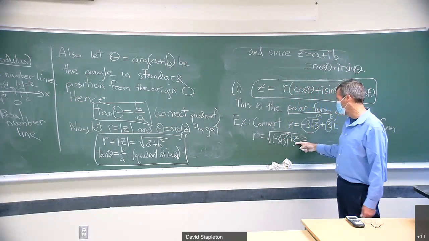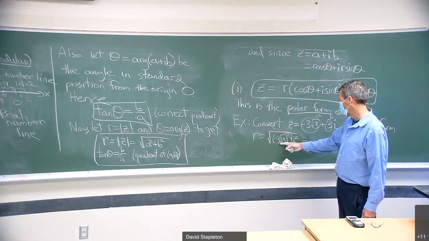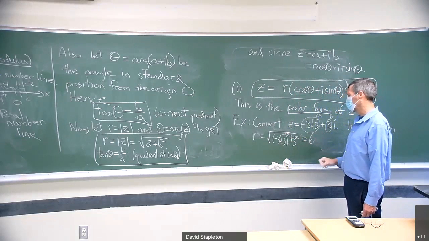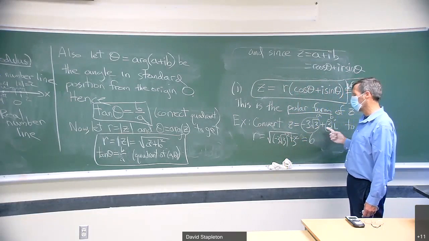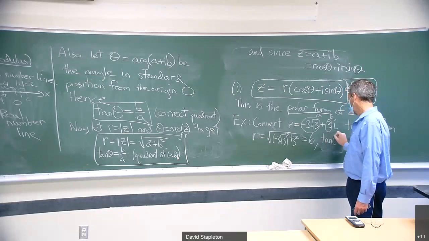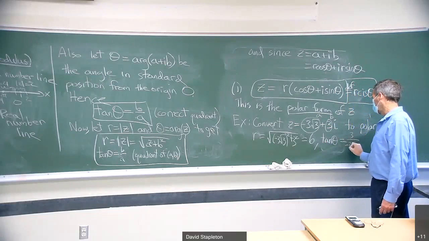Now let's see, I get 9 plus 27 is 36. Square root is 6. So this point is exactly 6 units from the origin. And then I solve tangent theta equals b over a, which is 3 over minus 3 square root 3.